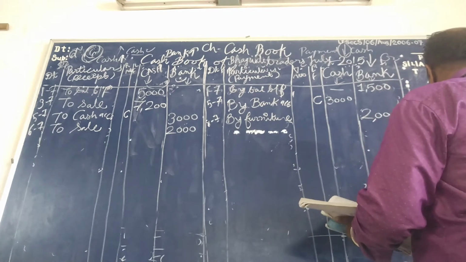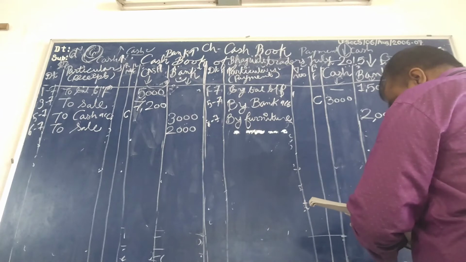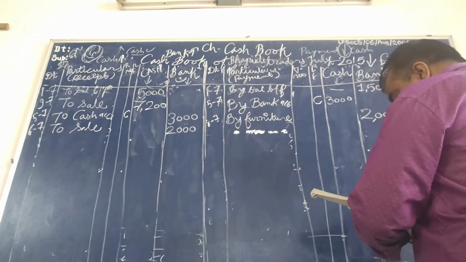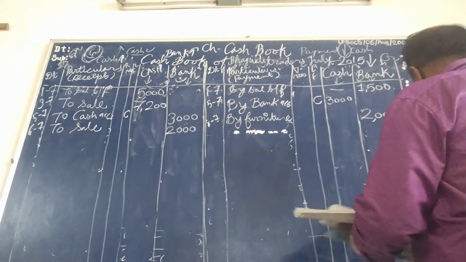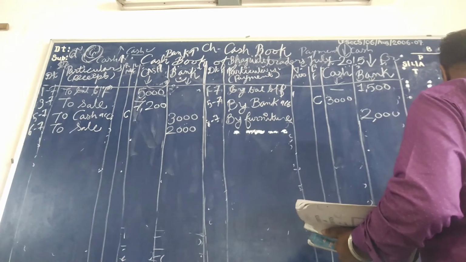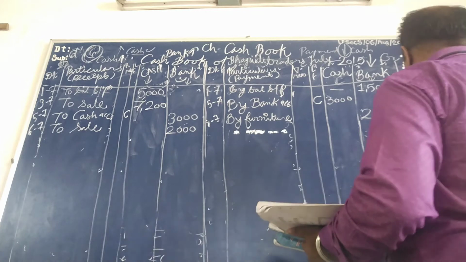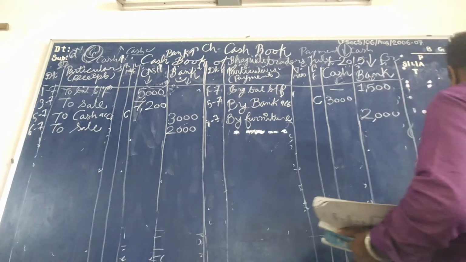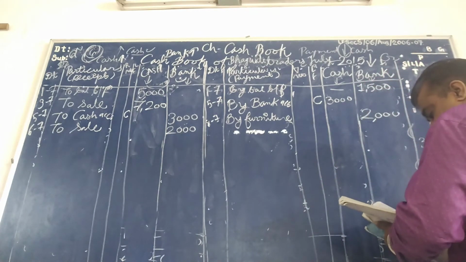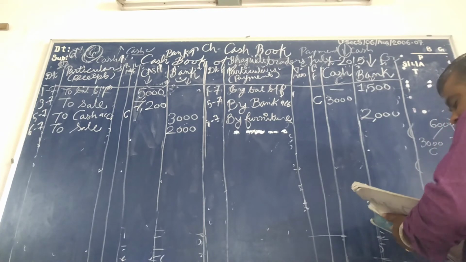So we received 3,000 in the form of cash, and the remaining amount is paid by check. So the other remaining amount 3,000 we received in the form of bank. Okay, check. So it is considered a bank transaction, which is immediately deposited in the bank.